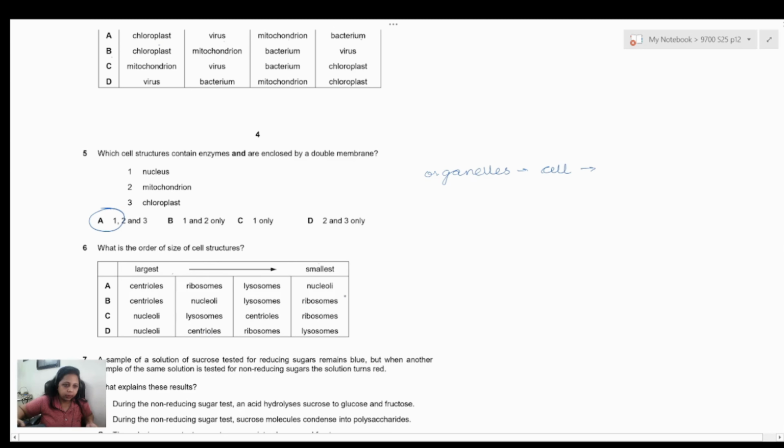We say that ribosomes, which are present in the cell or on the endoplasmic reticulum, are the smallest ones. So the option can be B or C. The next says lysosome and centriole. Centrioles are quite bigger, they help in the cell division of animals. Lysosomes are smaller as compared to the centriole. Then nucleoli and then the centriole. So the correct option is B.